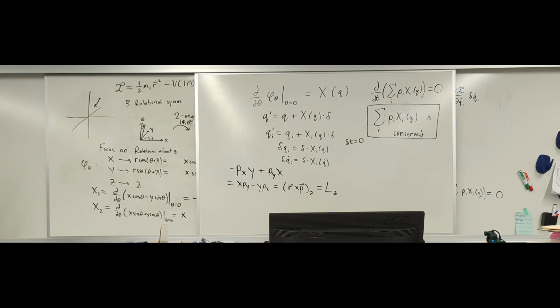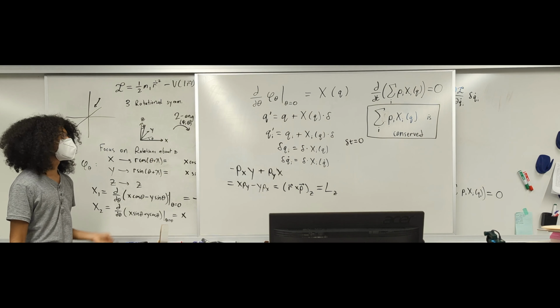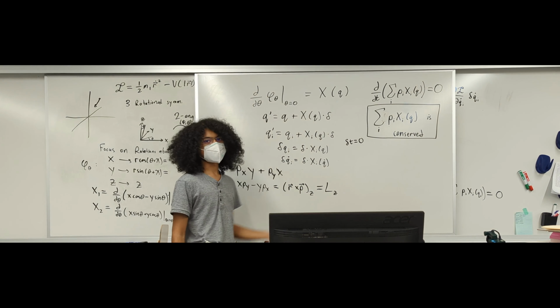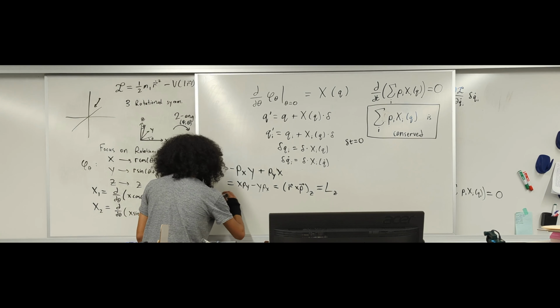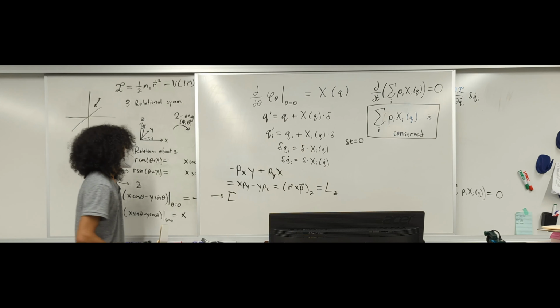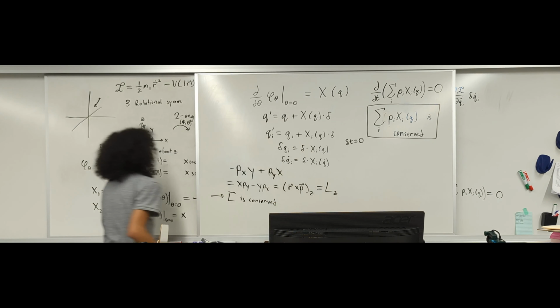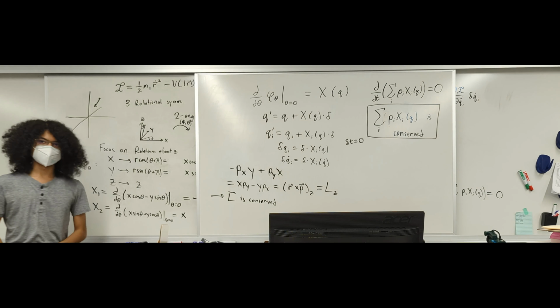It's just the same. So if we did rotations about an arbitrary axis, we would see that the angular momentum in that direction is conserved. So if we did a little bit more work, we could show that the whole angular momentum vector is conserved. And that is simply because the Lagrangian has full rotational symmetry.